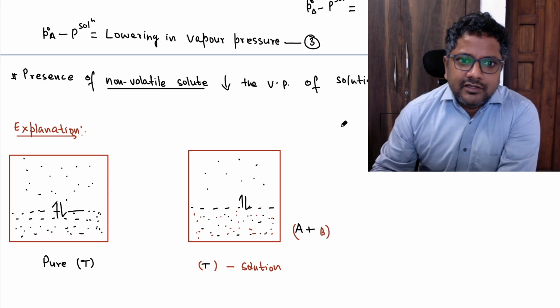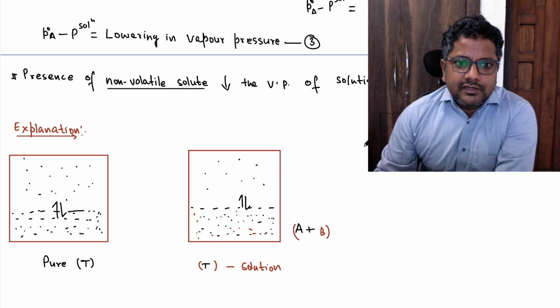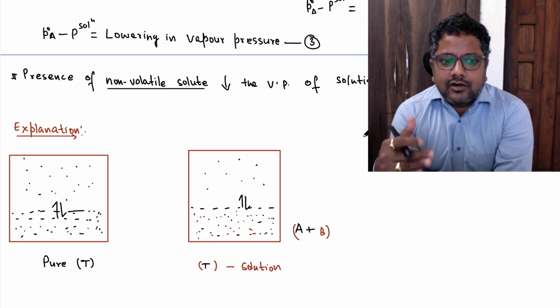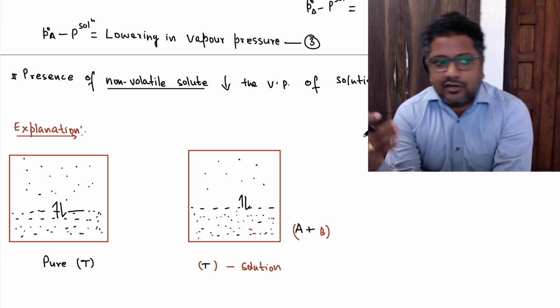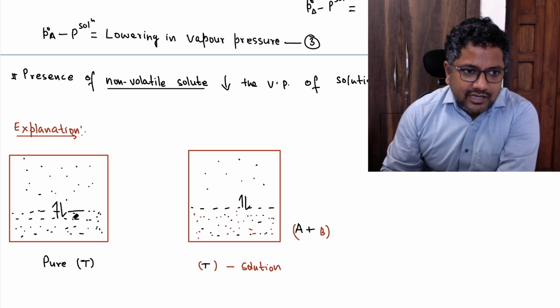You know the natural direction of flow of a process? The natural direction is from low entropy to high entropy. This is the spontaneous direction of any process. So, you know, this liquid, this is only A here.